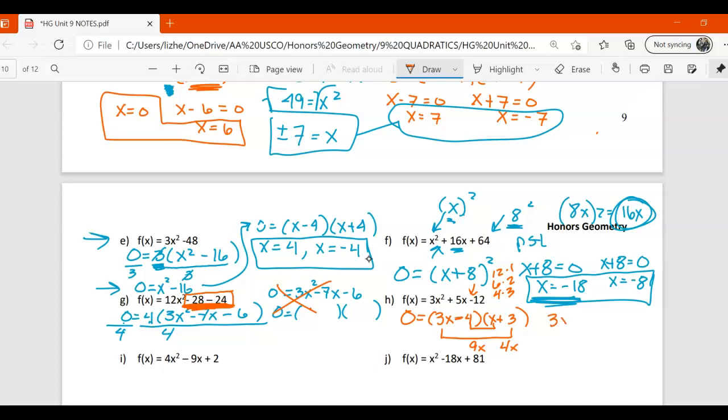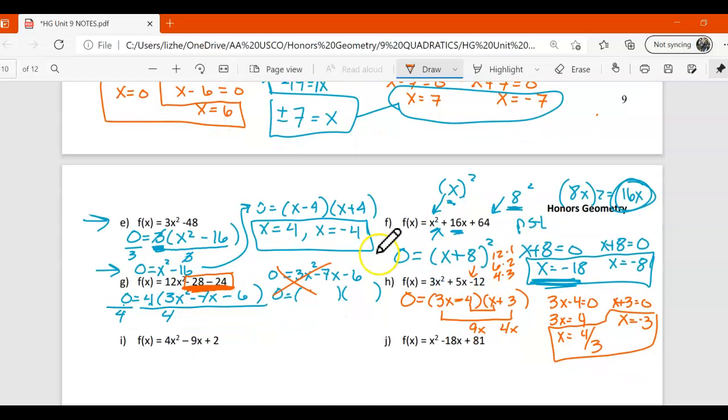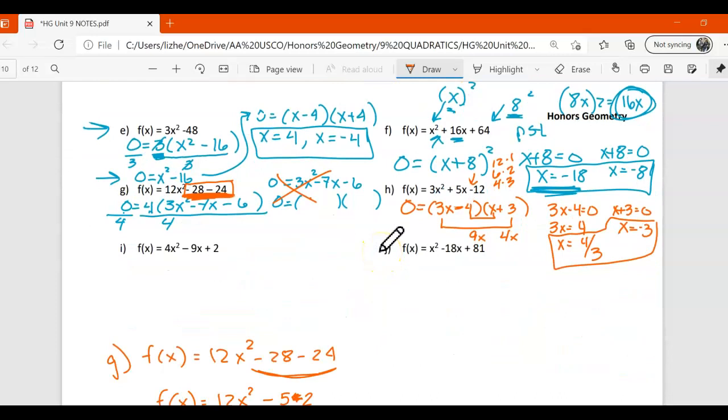So then I'm going to say 3x minus 4 is 0, or x plus 3 is 0. In this case, 3x equals 4, and x is 4/3. Here, x equals negative 3, and there are my two answers. How many more we got? Two more. We will finish these.